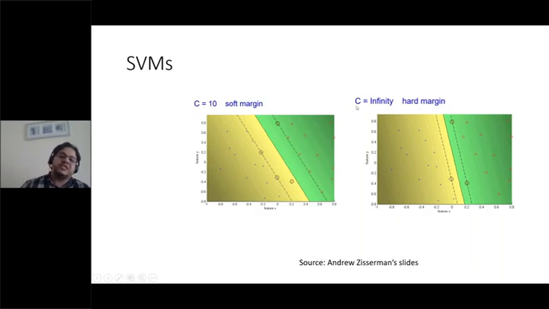We say when we put C equals infinity, this is the hard margin version, we got this hyperplane instead of this. To say if it is better or not, you just need to use the testing data set that you didn't use for training. But set some data points that did not exist when you train. Some new points. We are going to use them next time.